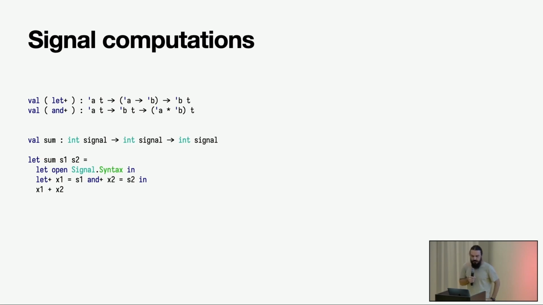All right, so there's something fancier that we can do with signals as well, especially using the new let operators in OCaml, where we can define let and and to sort of help us lift computations to work with signals, as opposed to just single functions. And this example here demonstrates that pretty well.